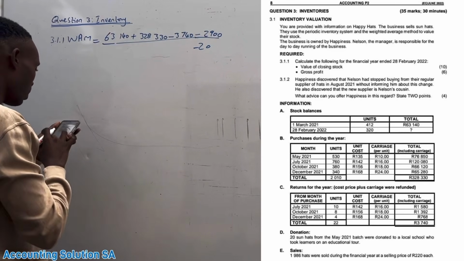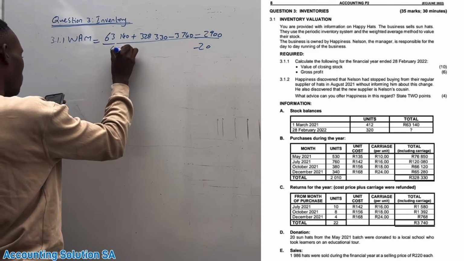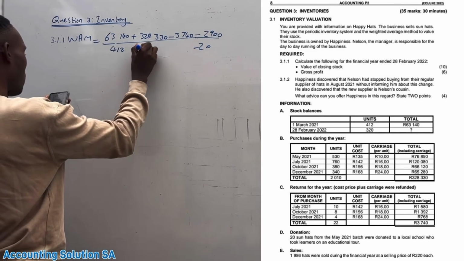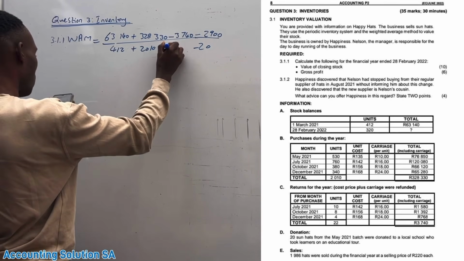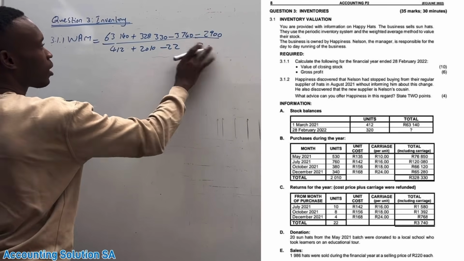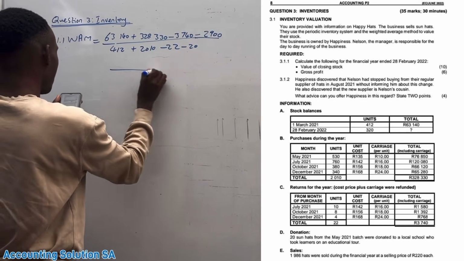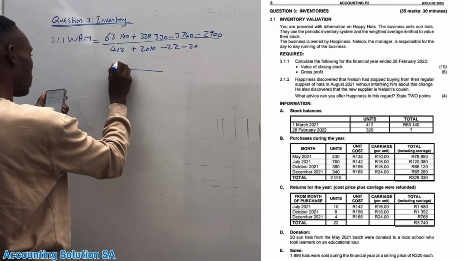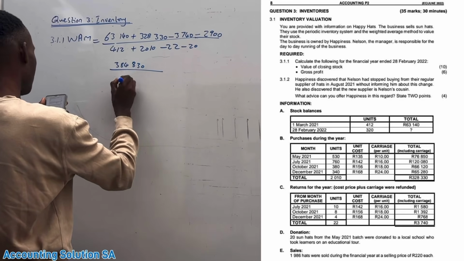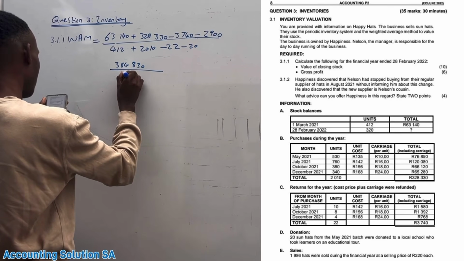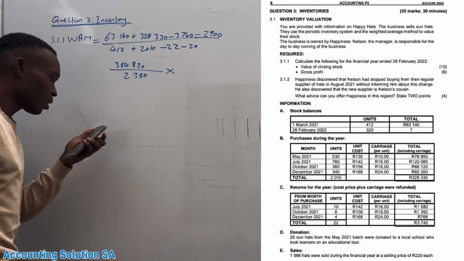Okay, now we have to write the units of those amounts that we take. Opening balance, it was 412 plus purchases of 2010, and we subtract returns of 22, and we also subtract 20 of donation. Okay, then in total on top we are going to get 384,830, and on the bottom side 2,380, and we have to multiply by closing stock.